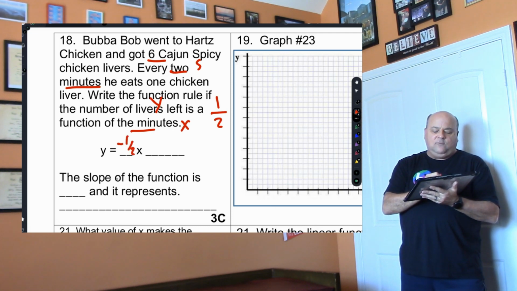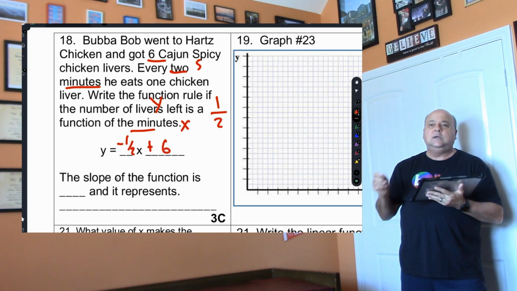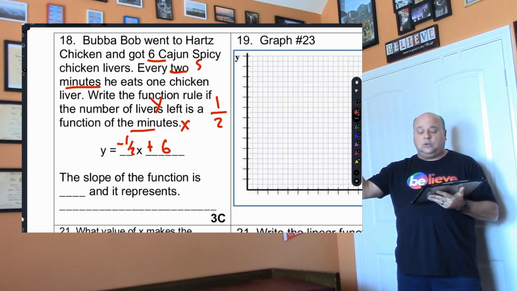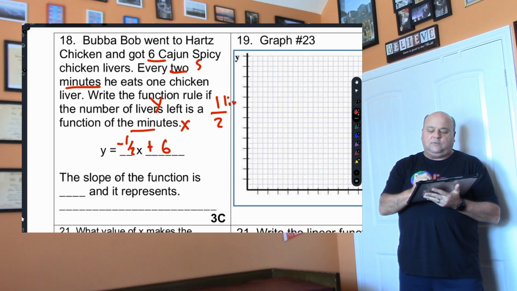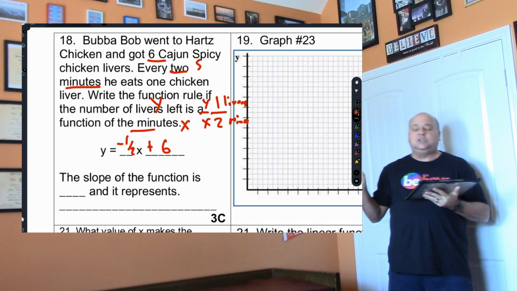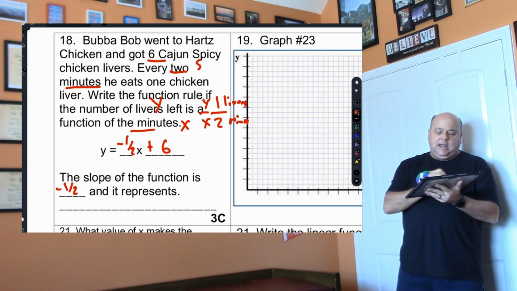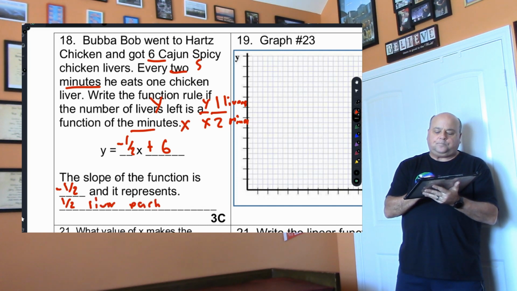So it's going to be negative 1/2 x plus 6. So in 1 minute he eats half a liver, which means in 2 minutes he'll eat 1. So this is the livers, and this is the minutes. It's y over x. That's real tricky. This is the first time you see this, okay? The slope is negative 1/2, and it represents 1/2 of a liver each minute.